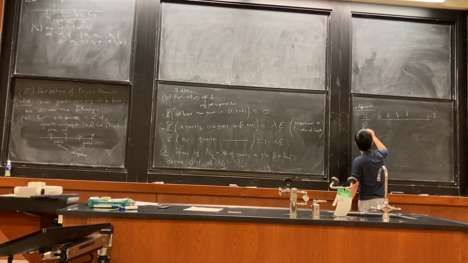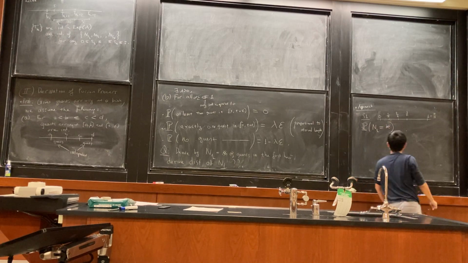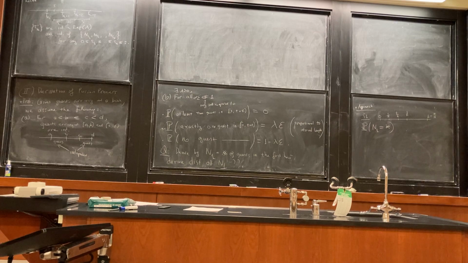So now the probability of N1 being k. What does that say?